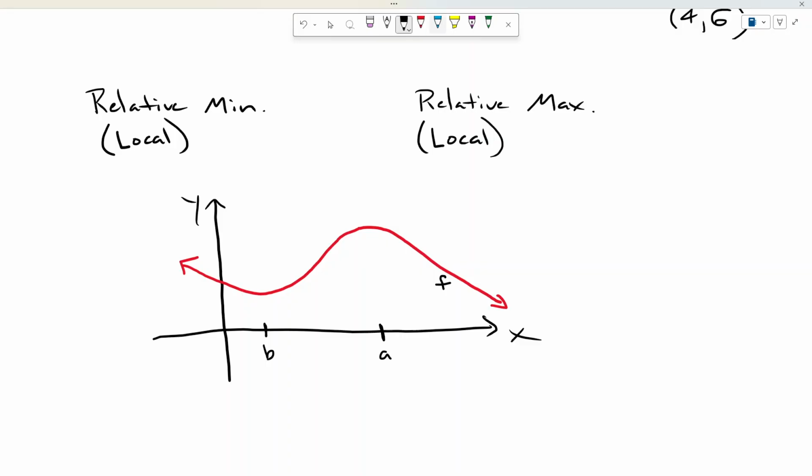And then we have points. Which would make this one b comma f of b. This would be a comma f of a.